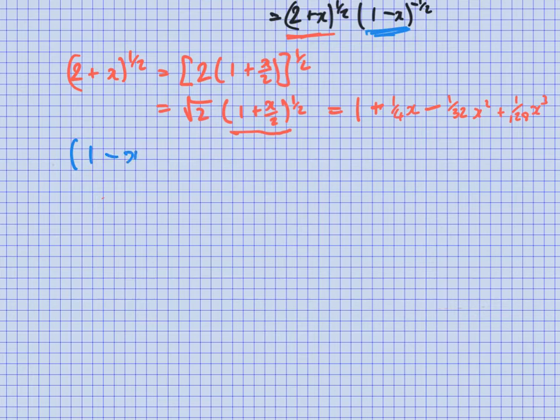Let's do the second part of this, the numerator part. (1 minus x) to the minus a half. Well, that's nice, so we can do this one quite easily.